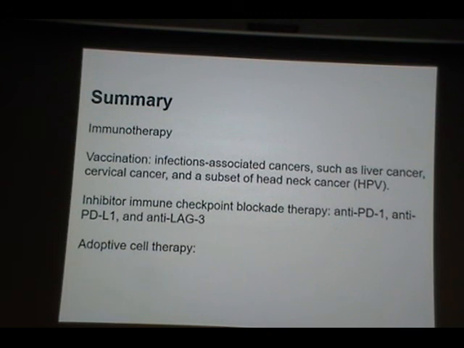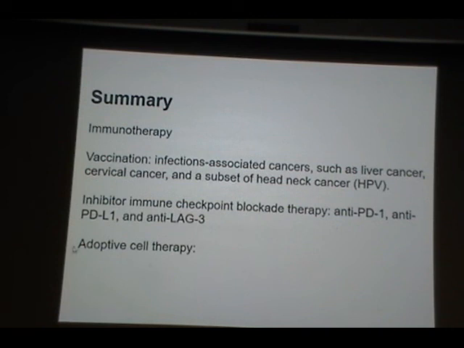And I also mentioned immune checkpoint blockade therapy. Those are monoclonal antibodies against PD-1 and also against LAG3. There are at least two of them already on the market, and big pharma companies are working really hard to produce more of this kind of antibody. Even with single drug therapy, the response rate to this kind of immunotherapy is very positive.